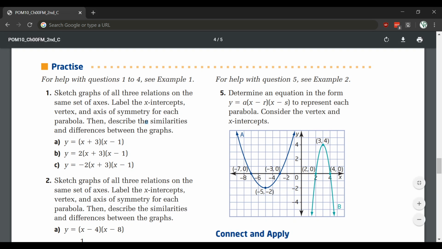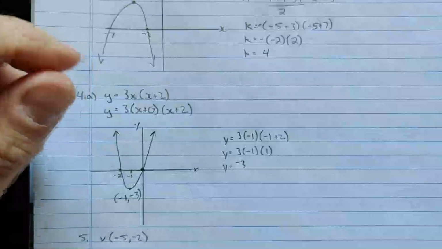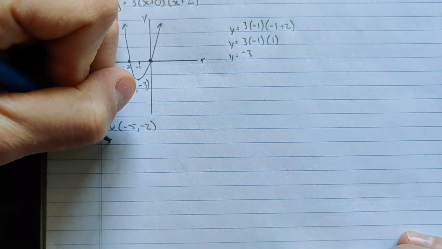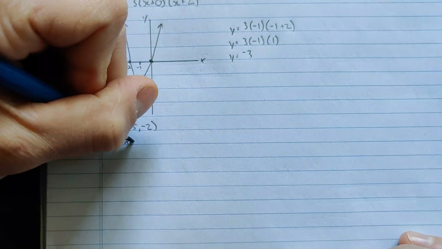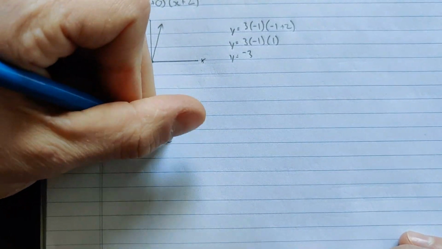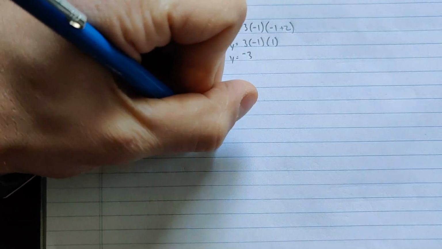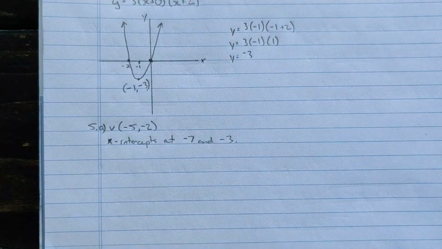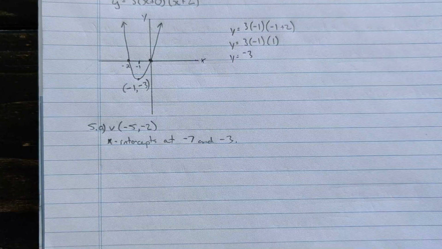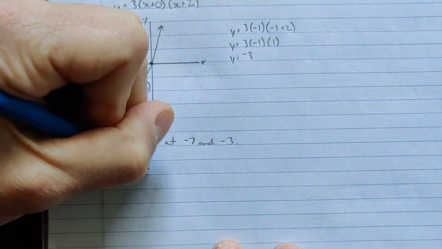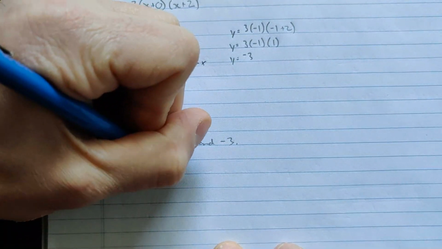So if I work on that one, my vertex at negative 5, negative 2, this is 5a, we have the x-intercepts at negative 7 and negative 3. So that was the information that graph gave us, and from there we can create an equation in the form of y equals a(x minus r).